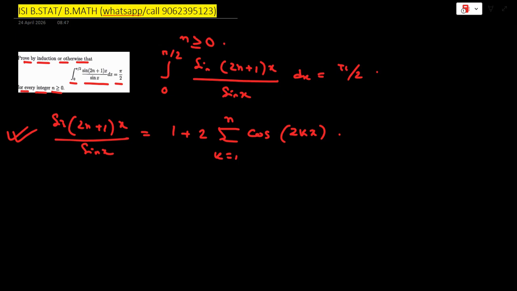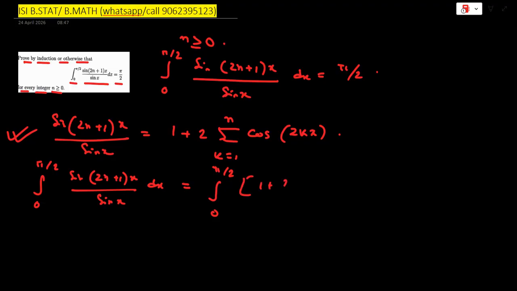So now plug into the integral. The integral from 0 to pi by 2 of sin((2n+1)x) by sin x dx is the integral from 0 to pi by 2 of 1 plus 2 times the summation of k equal to 1 to n of cos 2kx dx. Now split the integral.